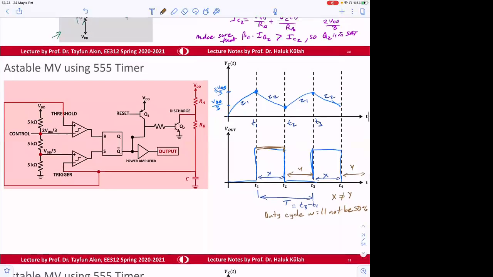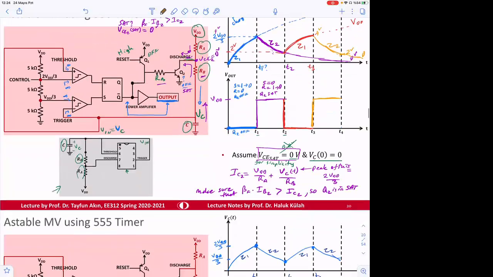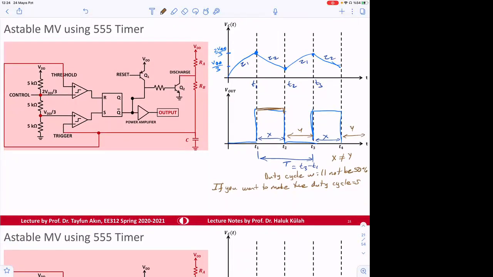If you want the duty cycle to be 50%, then we can modify the circuit.